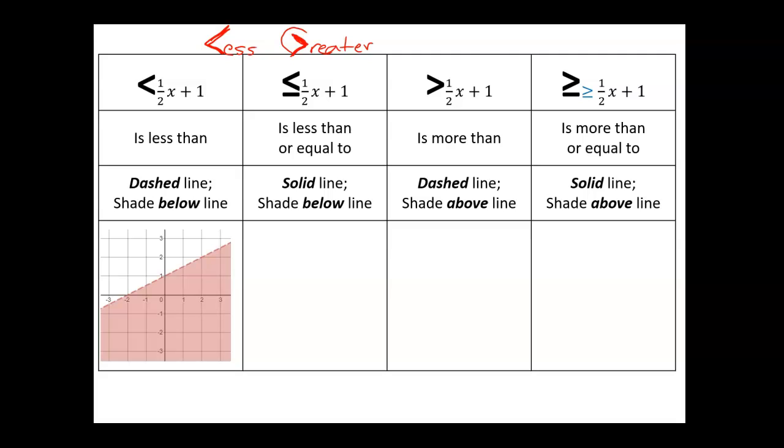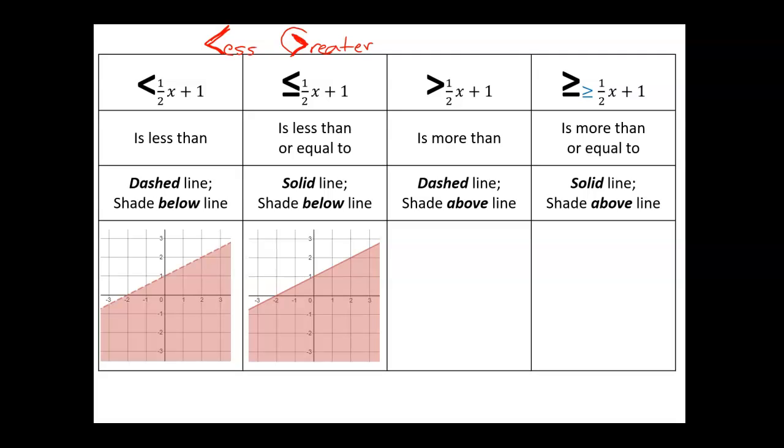Less than sign, little dashes in your line, and if it's less, does everyone agree? Less means down below, so you would shade below with one of your nice colored pencils. You don't have to do this right now, just look up here. Now, if it's less than or equal to, do you see the subtle difference? The line is now solid. Underlined is solid. Not underlined is dashed. You've got to know the difference because when you graph these, if you do it wrong, it's wrong.